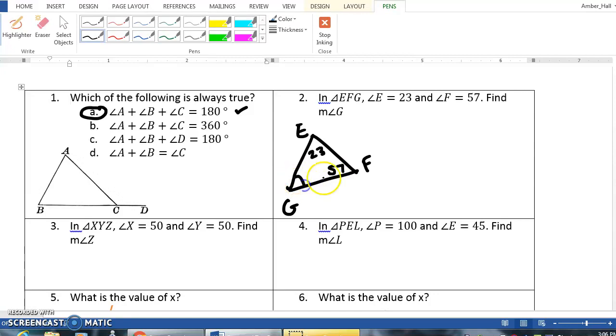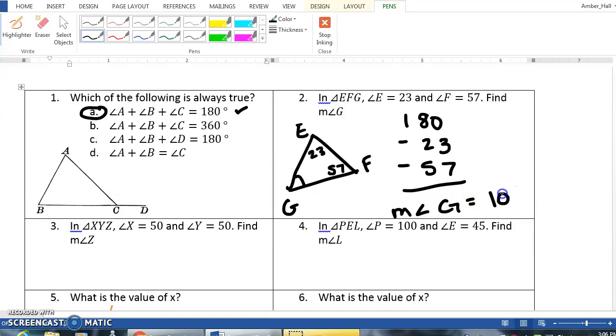We are trying to find the measurement of angle G. We know that in a triangle, all three angles always add up to 180 degrees. So I simply take 180 and subtract the two values from it. Do that in your calculator, and you get the measurement of angle G equals 100 degrees.